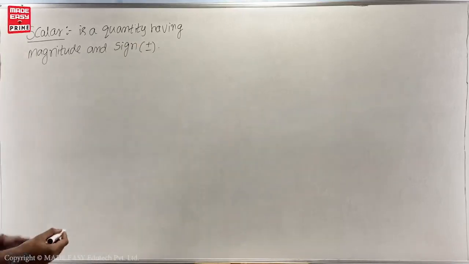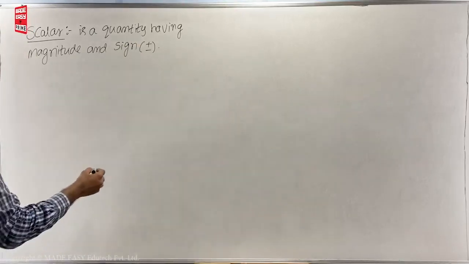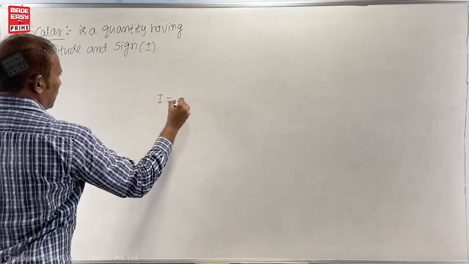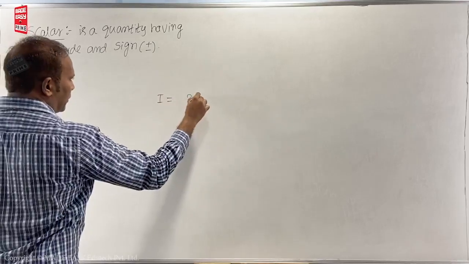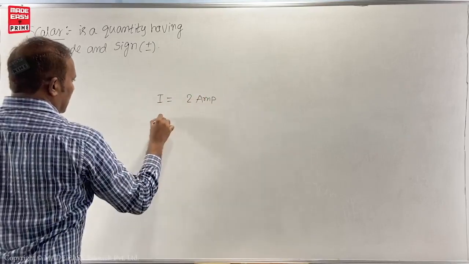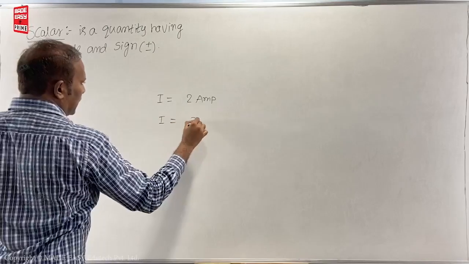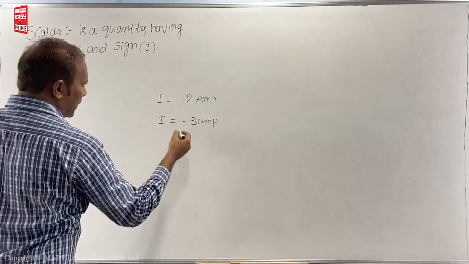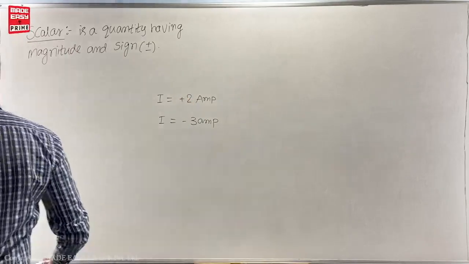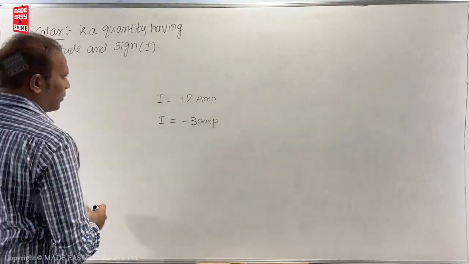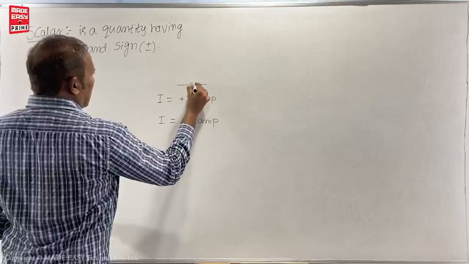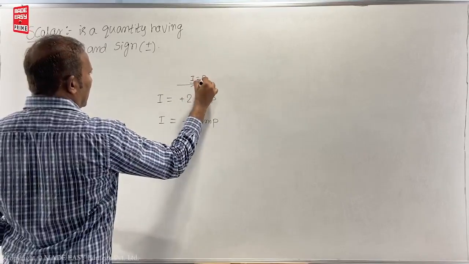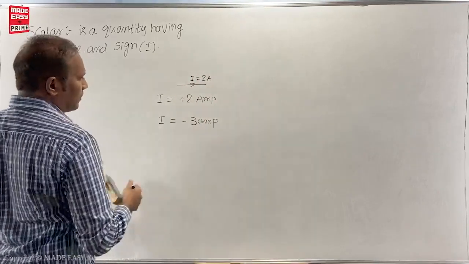Sign is there, plus minus. For example, current is equal to 2 ampere, that is magnitude. Current is equal to 3 ampere, that is magnitude, minus, that is sign. Here plus is there, like that. So plus minus you have. For example, current 2 ampere is like this, means that is plus, opposite means minus, like that.